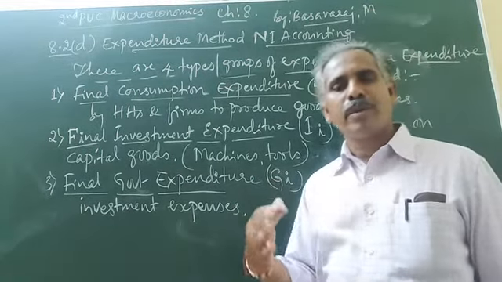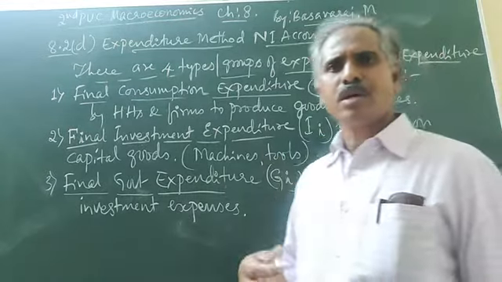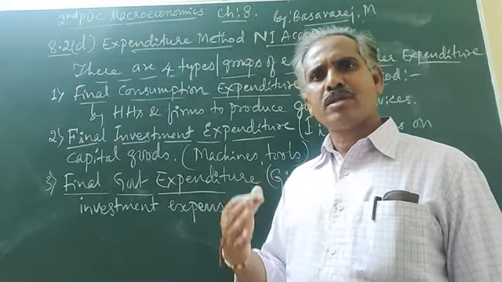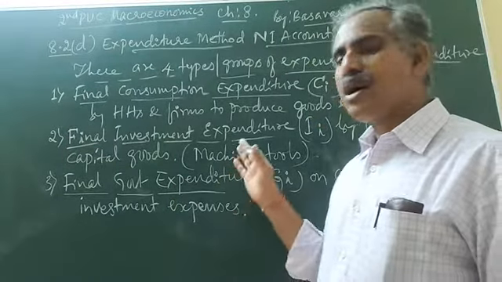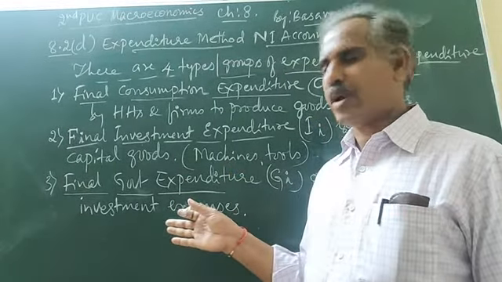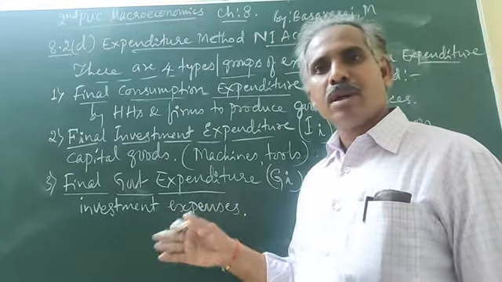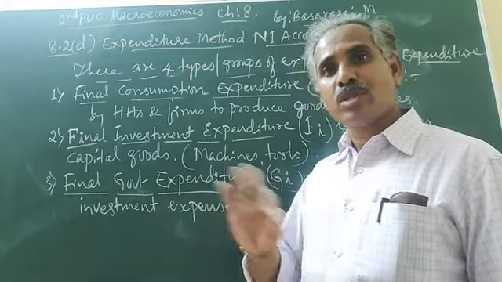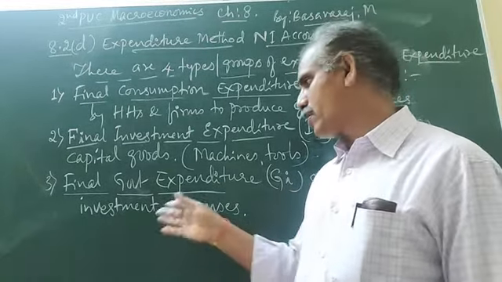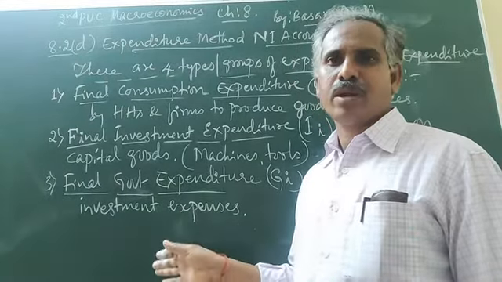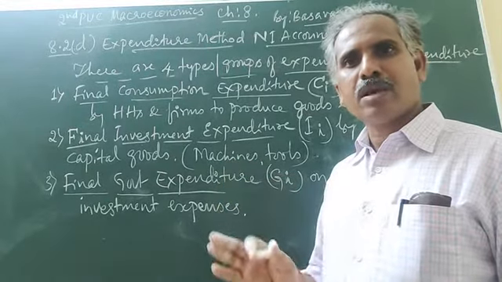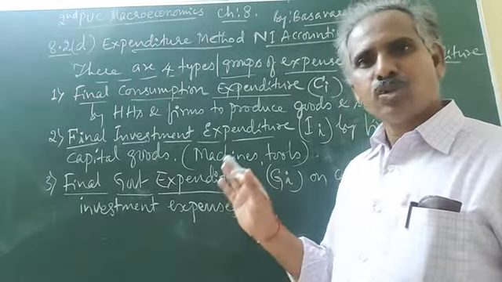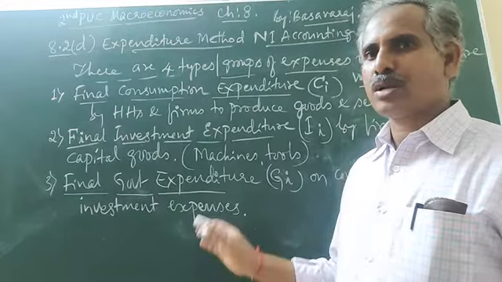Even government firms and industries are there. The government spends on buying such goods, and capital goods are used in government factories. That's why investment goods can also be bought by the government. The government can spend the income on buying consumables, investment goods and capital goods.